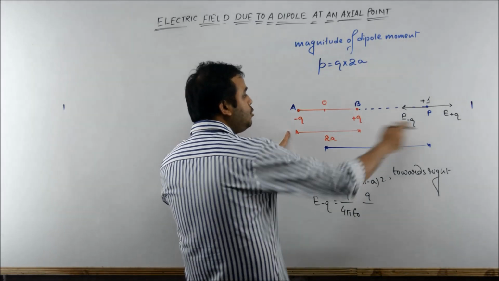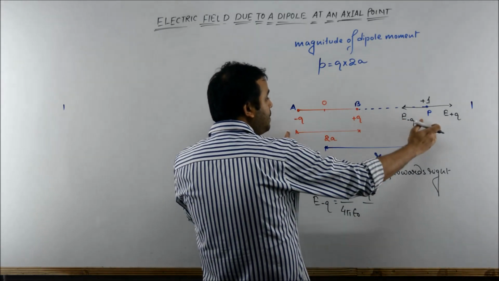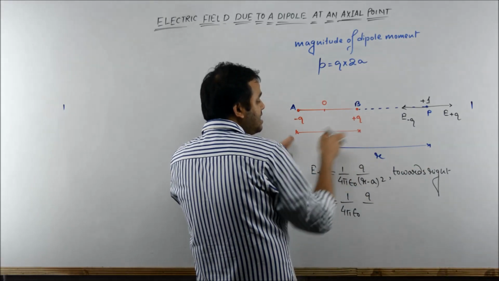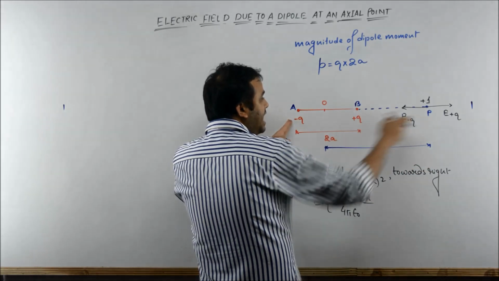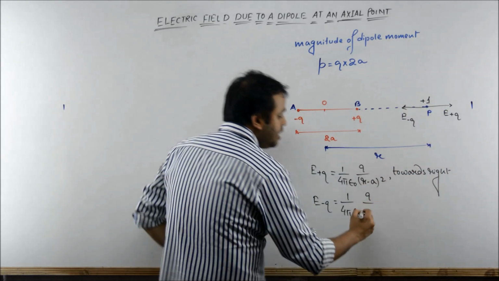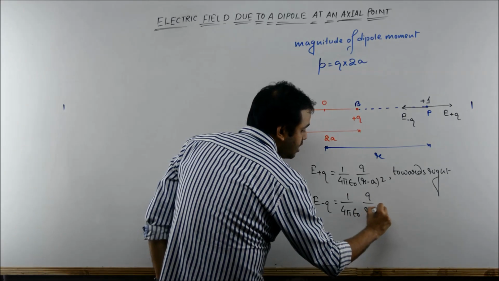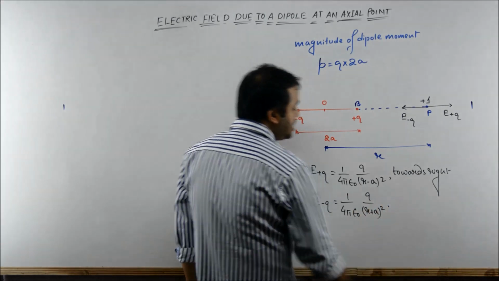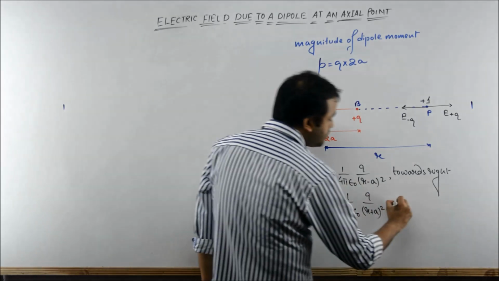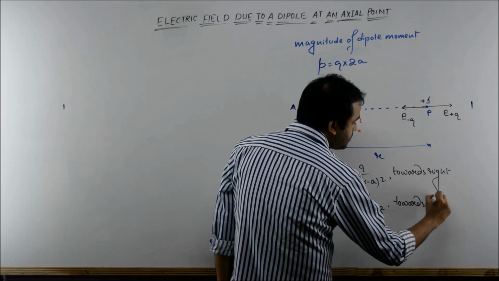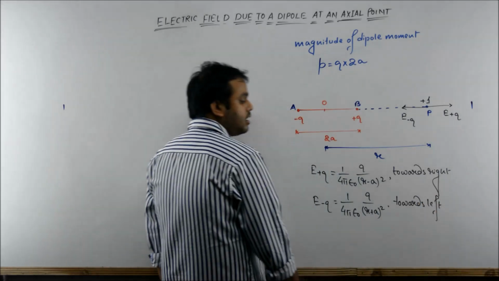So from A to P, the distance is r plus a. If this is 2a, then this is a. So from minus q to point P, the separation is r plus a. So distance square. Clear, students? And the direction is towards left. Clear, students?